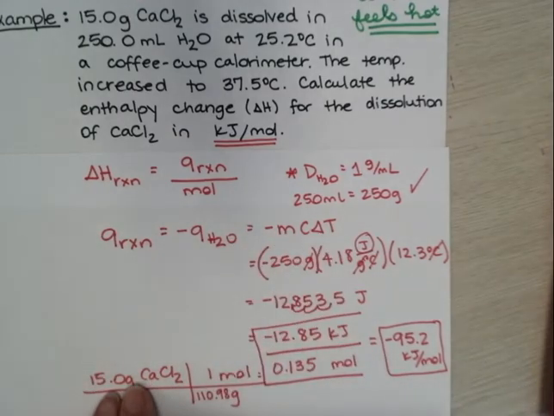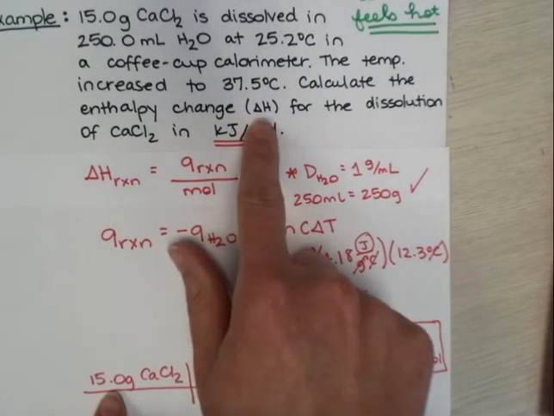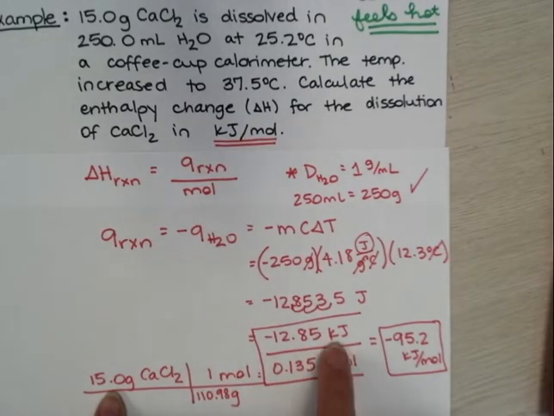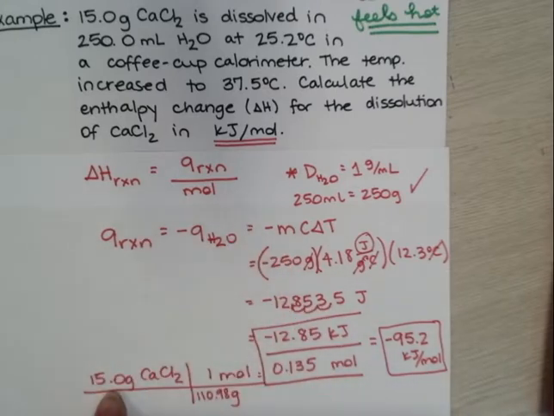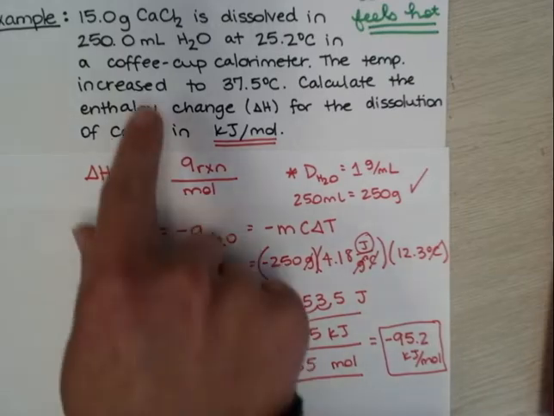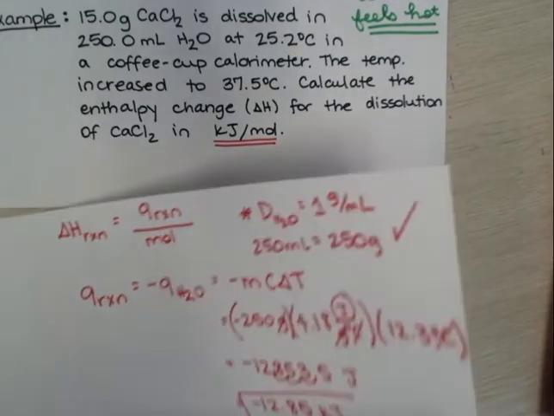We already know how to go from grams to moles, but then to get those kilojoules per mole in that delta H, knowing that this is kilojoules that we can get from that water and that our moles are from the solute, that reaction will give off 95.2 kilojoules for every mole of calcium chloride that you use. Okay. Let's do a second example.